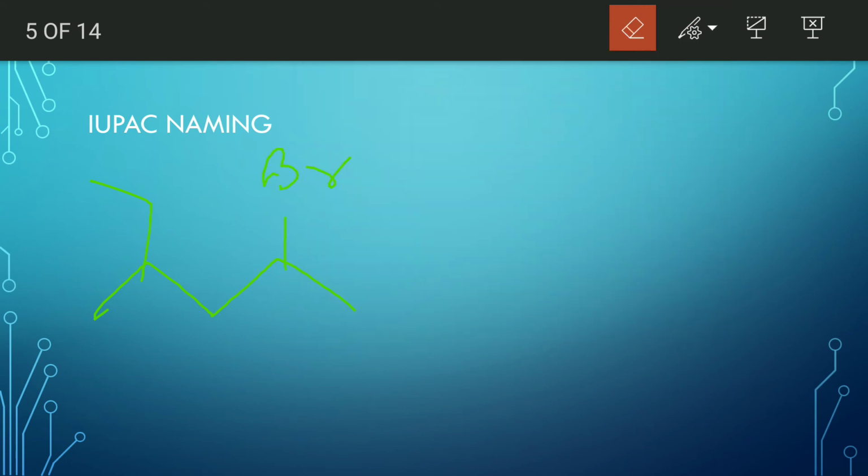I have bromine here. Now what is the parent chain? Which one is the parent chain? So this is the parent chain. Remember the procedure. First parent chain, then numbering. Not first numbering.